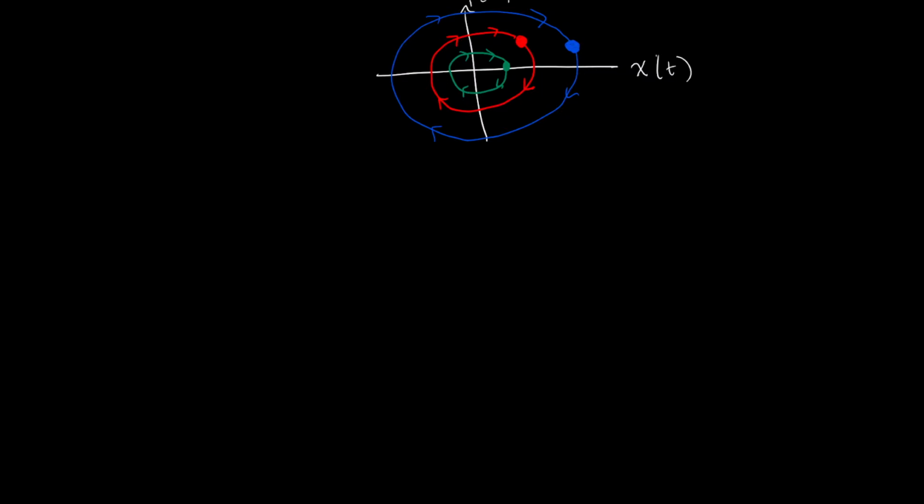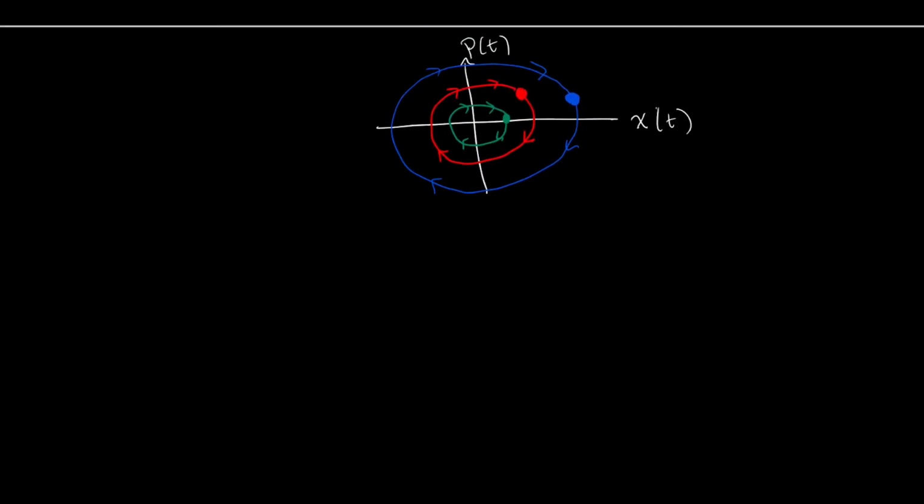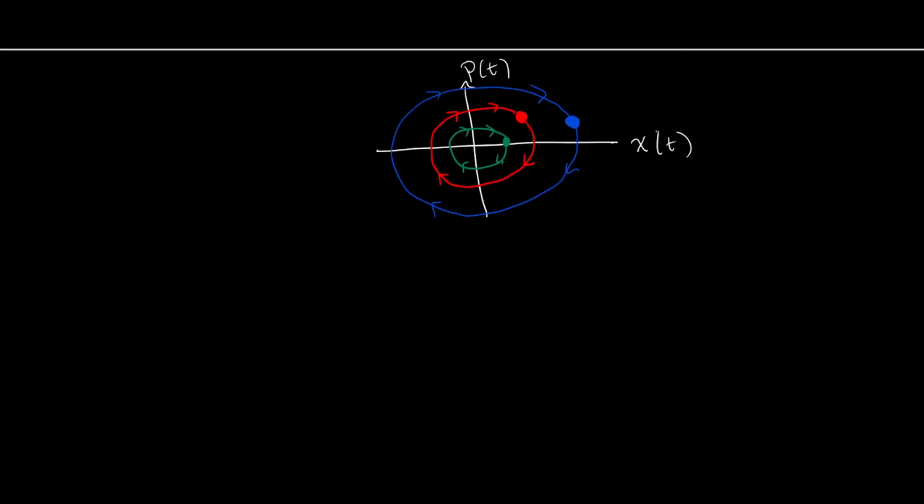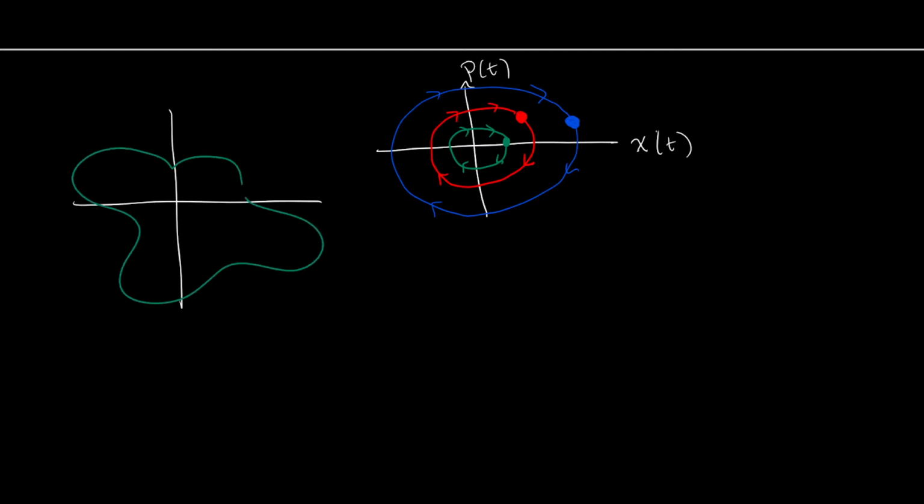Okay, so this is cool. This is interesting. But we might try to take this one step further, even. And instead of just one point at a time, maybe we want to plot an entire blob in phase space, right?